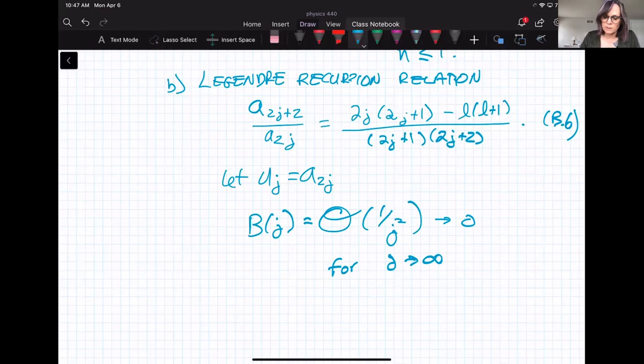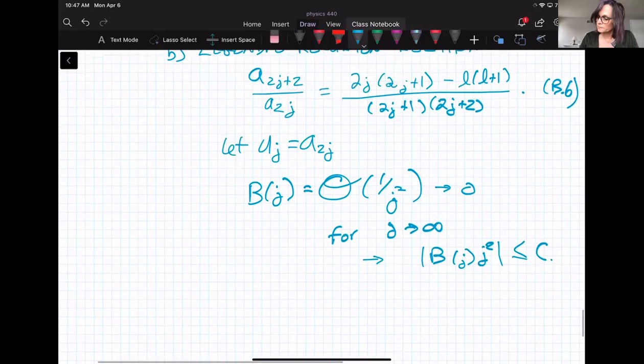That means that b of j times j squared is going to be less than some number c.